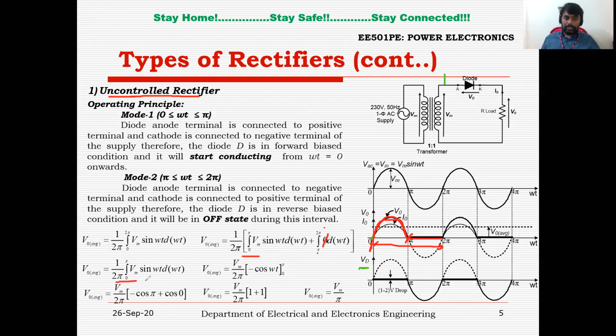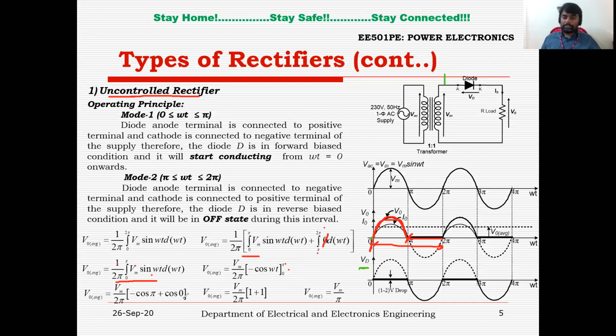The same thing I have rewritten here, and I can take Vm common. It is Vm by 2 pi, and the integration of sin omega t is minus cos omega t, and the limits are 0 to pi. You just substitute the upper limit and lower limit: Vm by 2 pi, minus cos of the upper limit, which is pi, minus into minus, plus cos of the lower limit, which is 0.